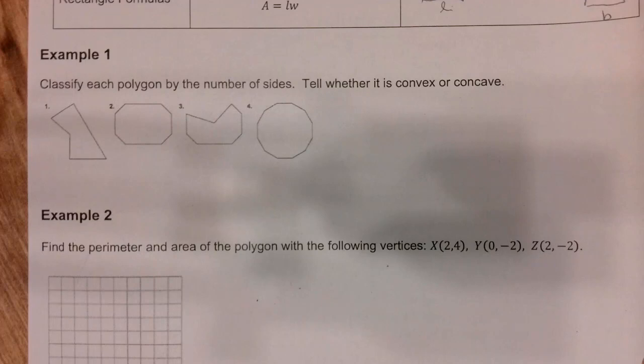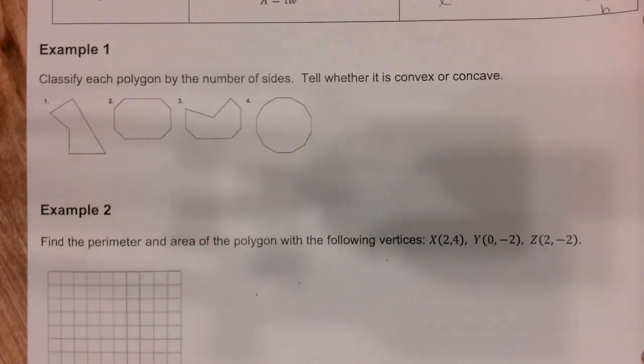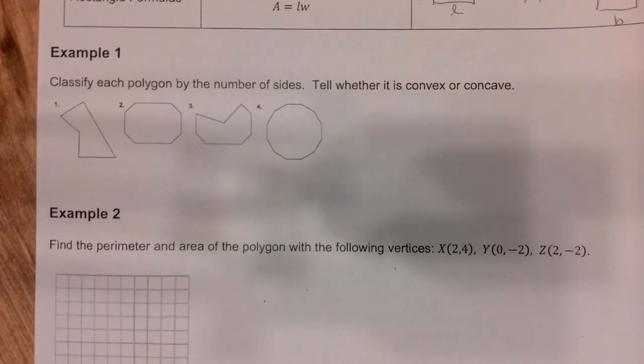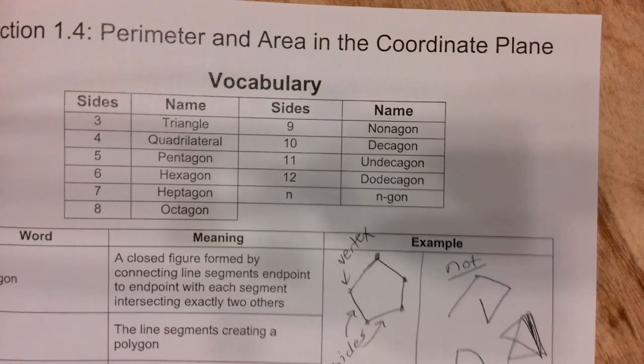So example 1, classify each polygon by the number of sides and tell whether it's convex or concave. Alright, so classify. It's a weird way to say the directions, but they're asking you to name it. So the names on the front side: triangle, quadrilateral, pentagon, hexagon, heptagon, octagon, nonagon, decagon, undecagon, dodecagon, or n-gon.